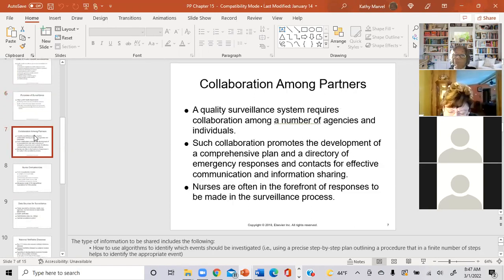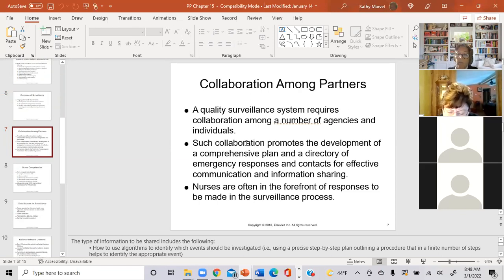Collaboration among partners, right? If you're surveilling a particular disease, let's say you have a food outbreak from a restaurant, and you're the person coordinating this surveillance monitoring, who are you going to be talking with? You're going to be talking with the restaurant. You're going to be talking with employees.